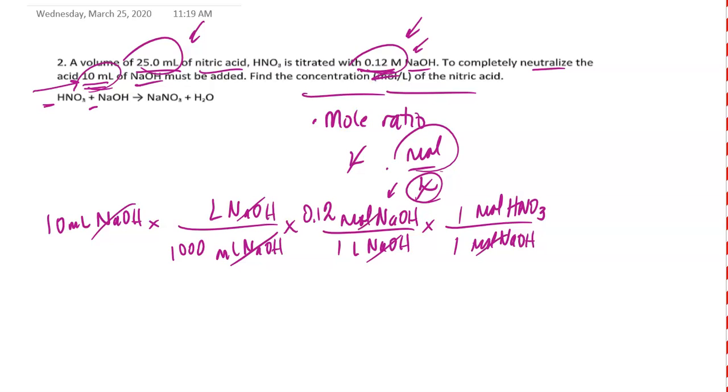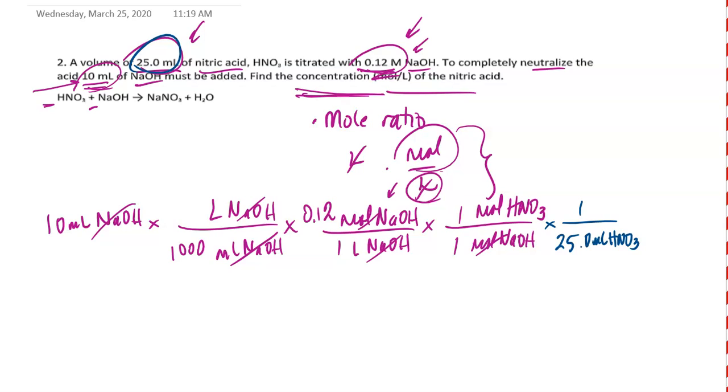Now, again, the unknown in this problem is the concentration of the acid. And again, molar concentration has units of moles per liter. So that means I have to divide by the volume of the nitric acid that was provided. And so I'm going to show that by just multiplying by 1 over 25 milliliters of the nitric acid.